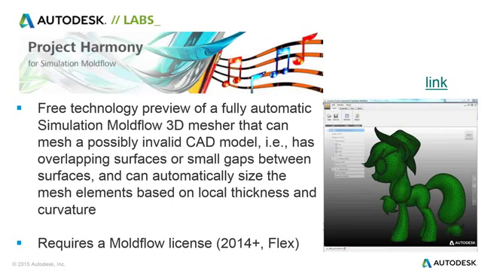So if there are overlapping surfaces or flaws that would prevent our normal meshing procedure from proceeding because the CAD model doesn't quite work, Project Harmony will do what they call a shrink wrap of the outer shape of the part, and use it as a basis for the mesh generation.